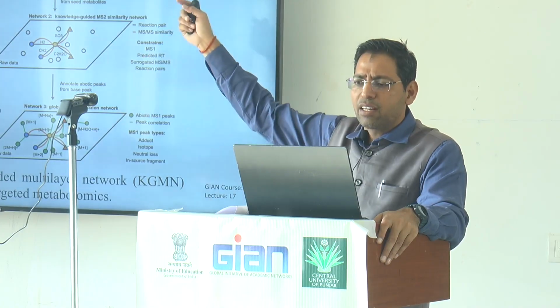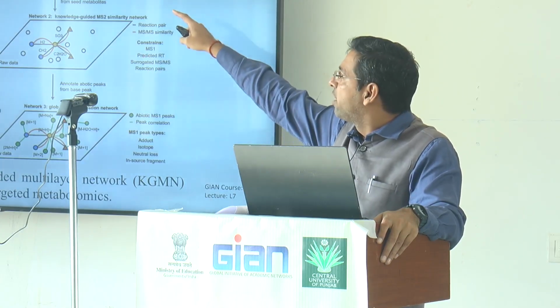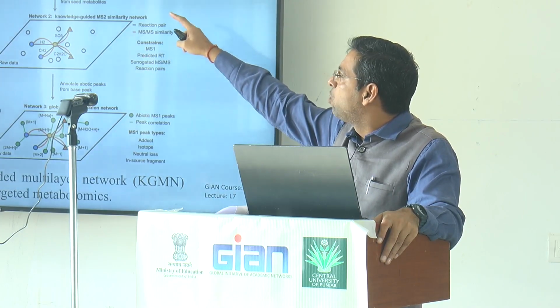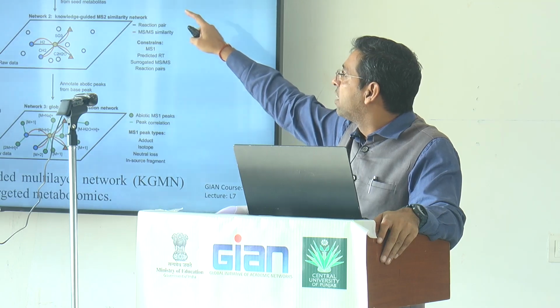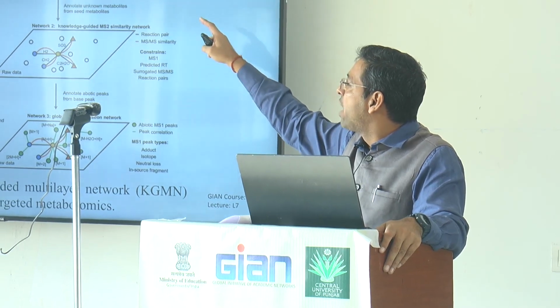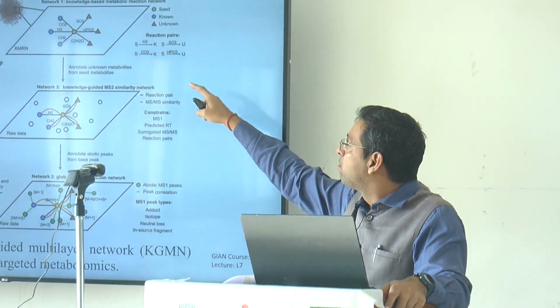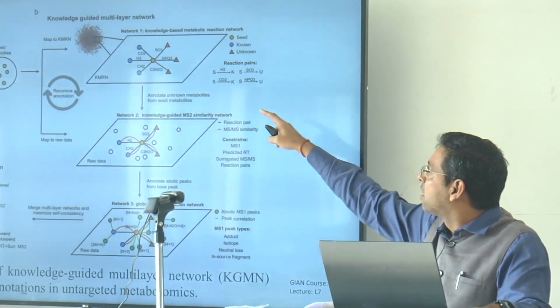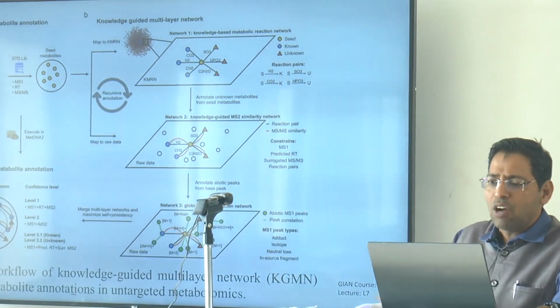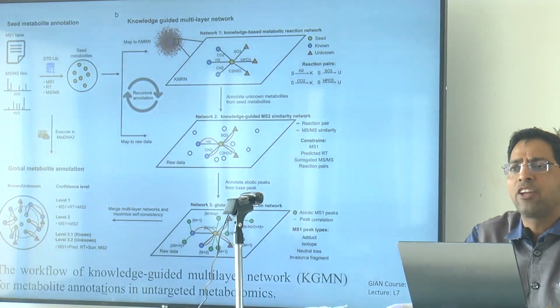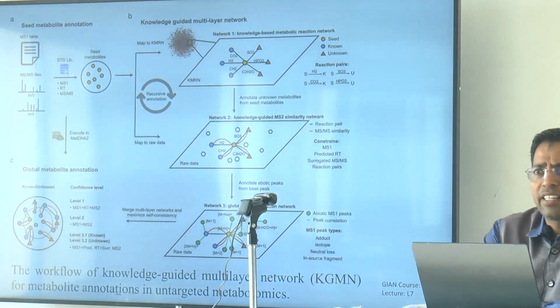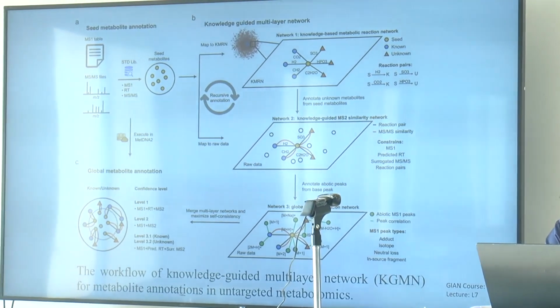Here the saffron color dot has so many blue and red ones. The red triangles are the unknown, while these seeds are the major components and the known ones are the blue color. Now you have to identify what the unknown metabolites are. Are they already published or are they really novel?